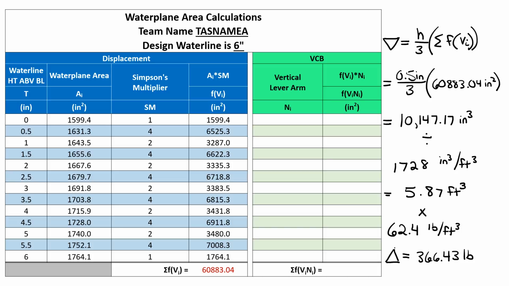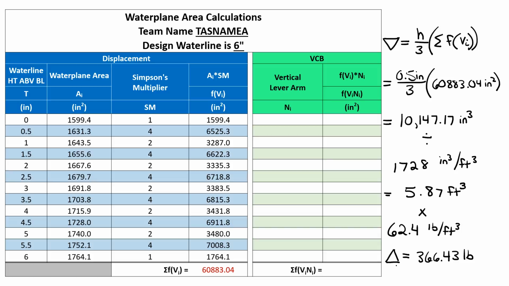If you remember on my weight spreadsheet, I found that my boat does in fact weigh 366.43 pounds. So I know that I'm displacing the entire weight of my boat, and therefore my draft of 6 inches is correct according to my water plane areas. And that's exactly why I modified my cinder block weight so that I can have this work out on my first iteration.